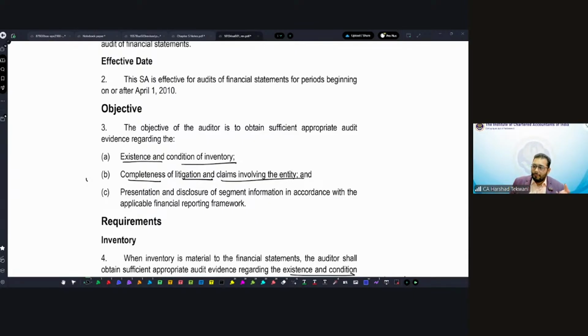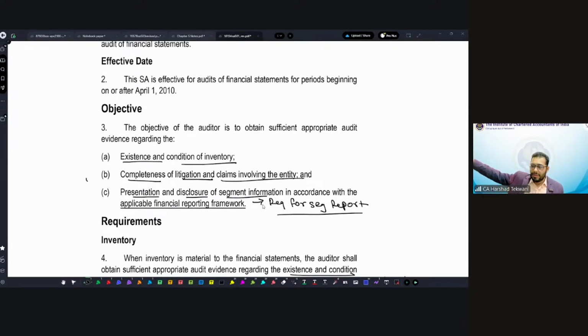Very good, Chitra. Yes, according to the applicable FRF. So you need to understand what the applicable FRF is and what its requirements for segment reporting are. Understand this requirement first, and then compare the presentation and disclosure of segment information done by management with the requirements.